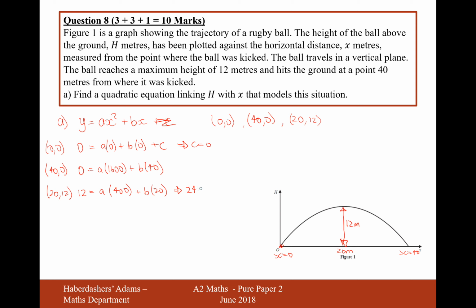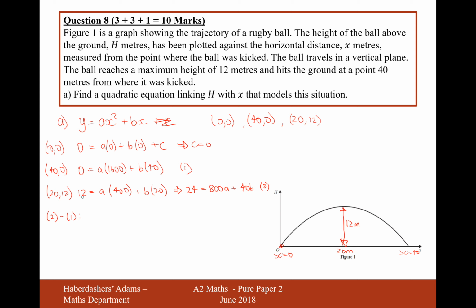Okay, so let's double this second equation. We get 24 equals 800a plus 40b, and we'll call this equation 2, and we'll call the other equation 1. And we'll subtract equation 1 from equation 2. I've made sure the b's have the same coefficient.